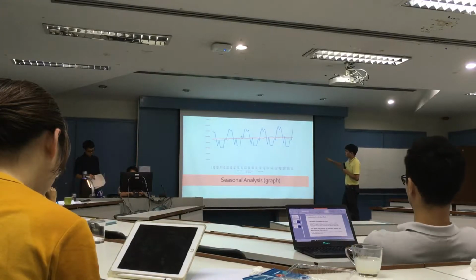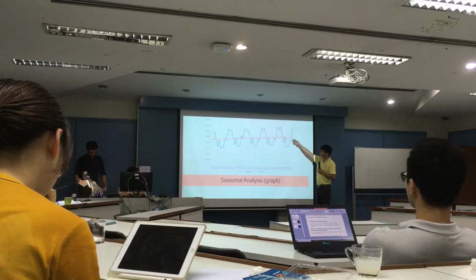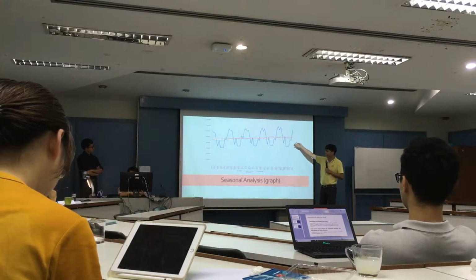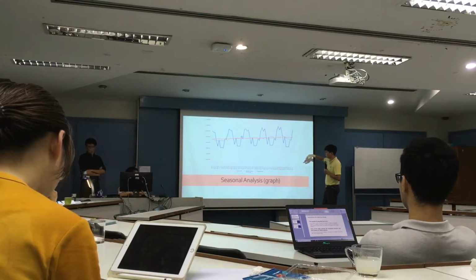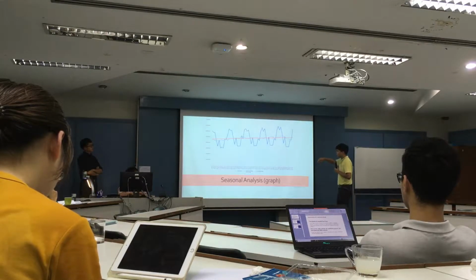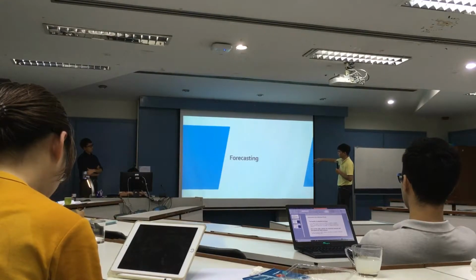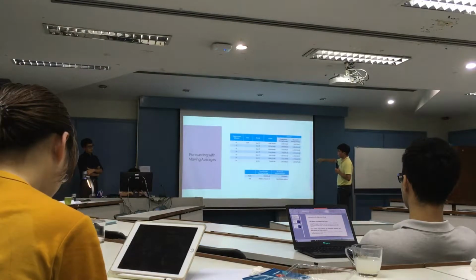So you will see that we got the orange one, that is the trend line that we got from the Excel software. But the real one, we didn't show the seasonal in here, but we will show it next time in the forecasting. Okay.